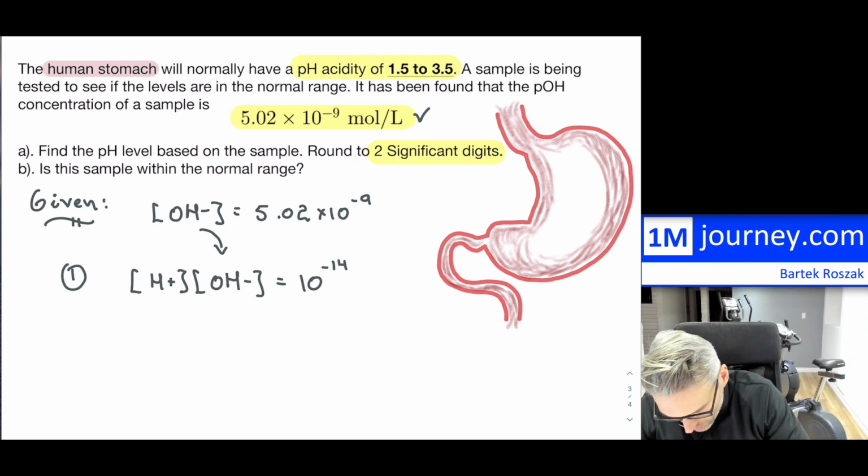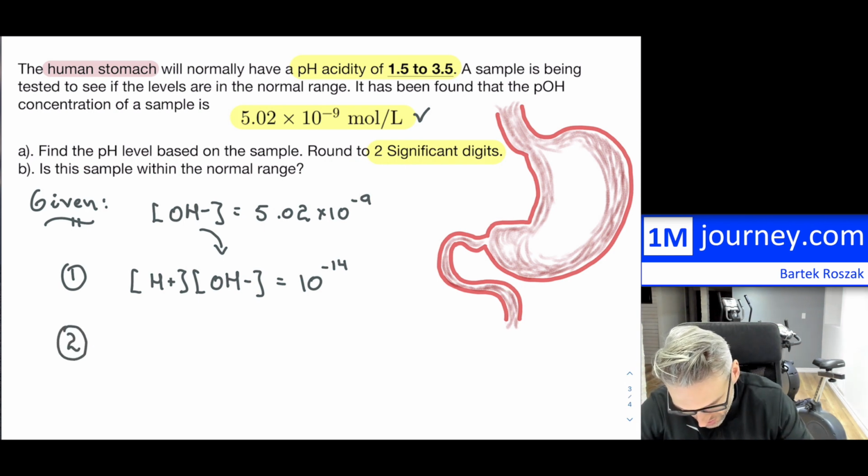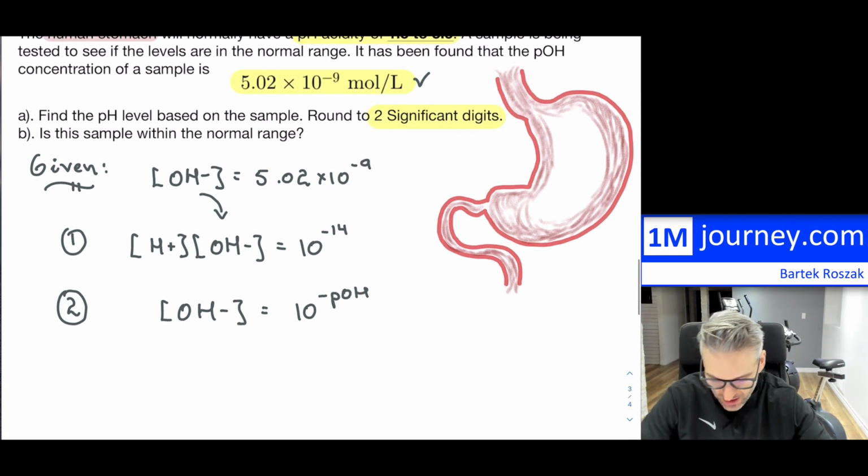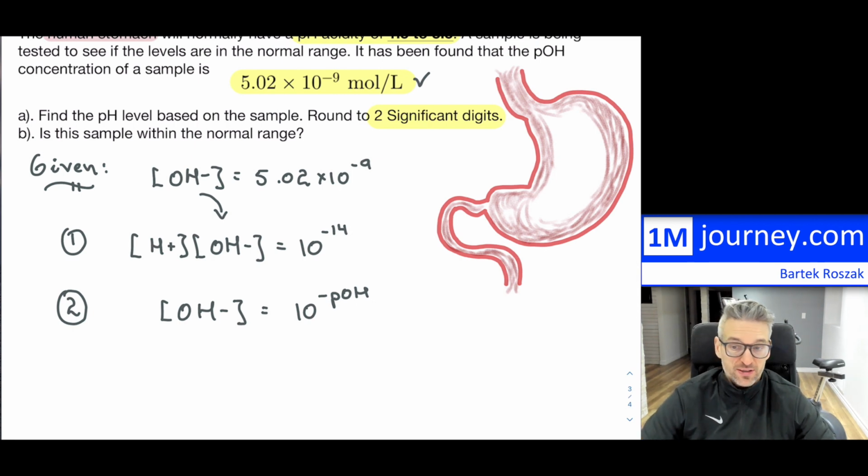Another way to solve this is that the hydroxide ion concentration is equal to 10 to the negative pOH. You might say, I don't really want pOH. That's fine.